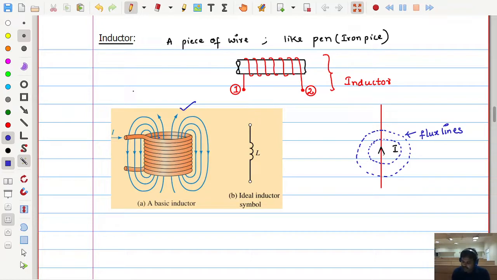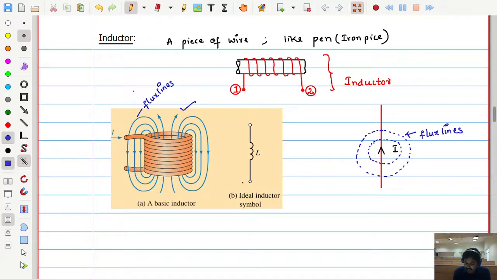Now when this conductor is made into coil form, still flux lines are there, but it will not be like a straight conductor. It will be like this, with this blue color. These are the flux lines. Now this we can call basically an inductor. So when a conductor is made into coil form, it forms the inductor.